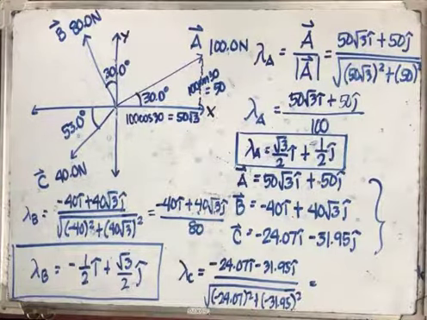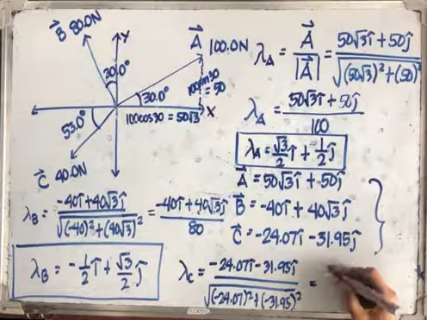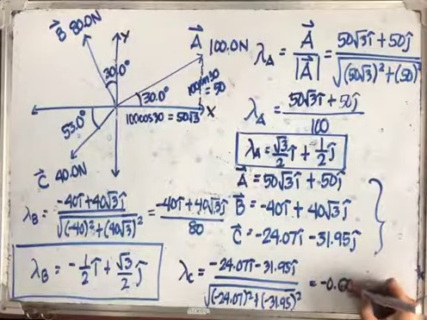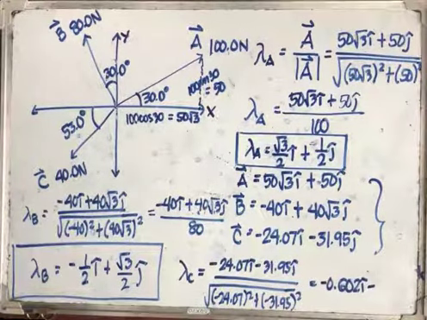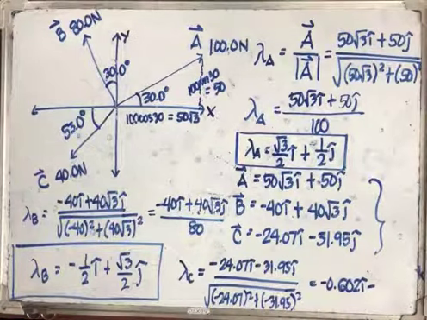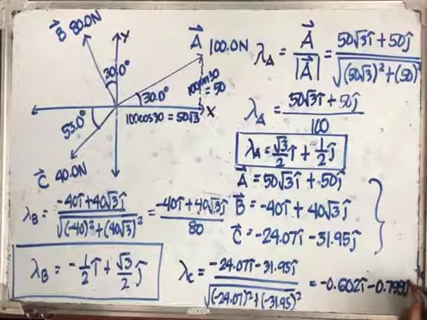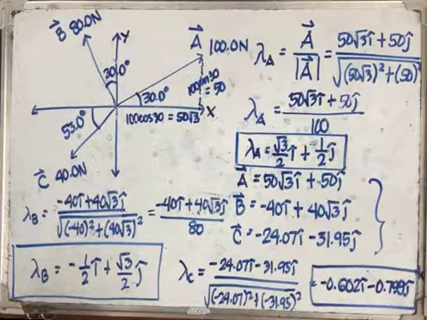So, if that is 40, our lambda would be negative 0.602 I hat, and then minus, that's 31.95 divided by 40, this would be 0.799 J hat. This would be your lambda C. So unit vector, vector over the magnitude of that vector.